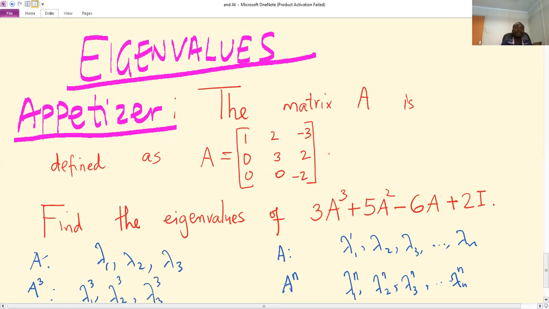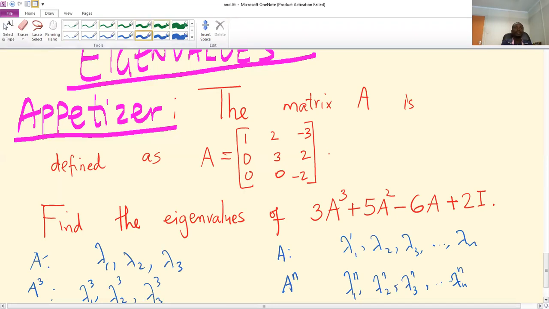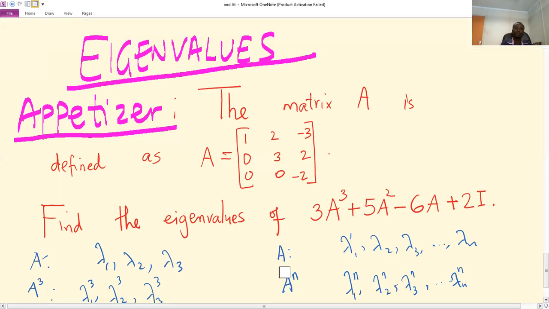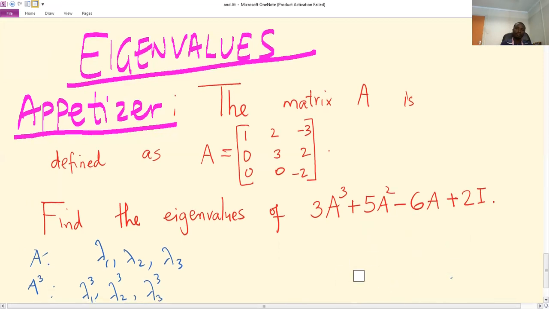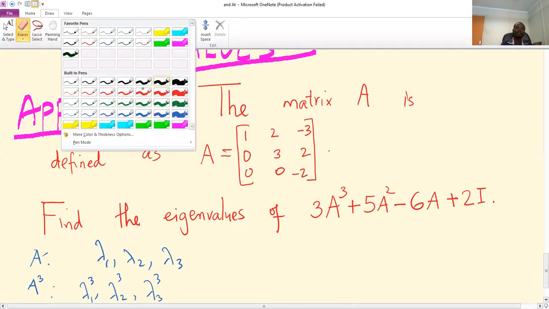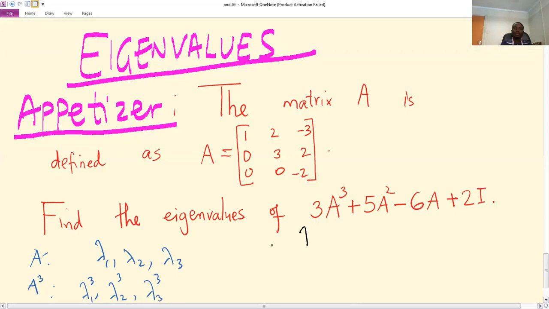To get eigenvalues of A power 2, you work out lambda 1 power 2, lambda 2 power 2, lambda 3 power 2.